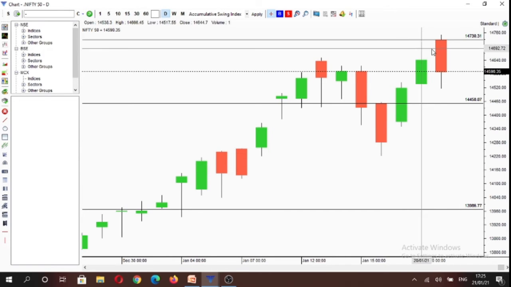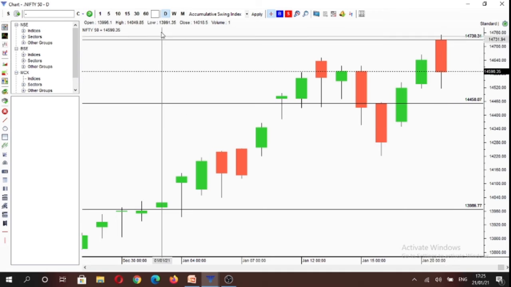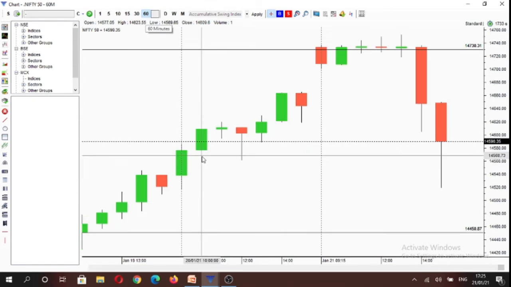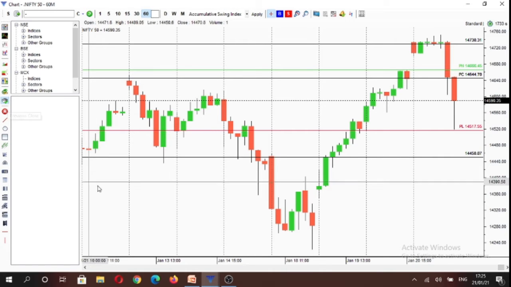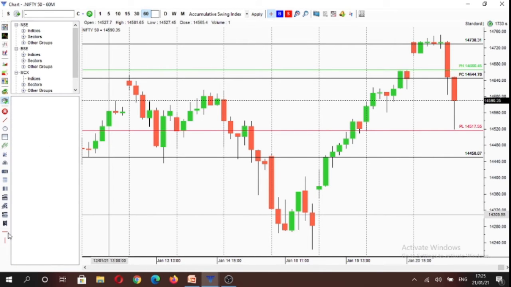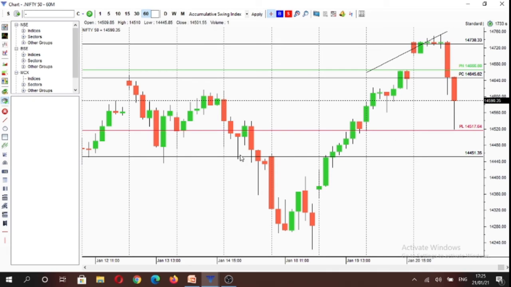So basically, this is a range expansion, and on smaller term time frame, it is basically a broadening formation, which we can see over here. I'll apply previous day high, previous day low levels, and here you can see we took out yesterday's high, and today we also took out yesterday's lows.